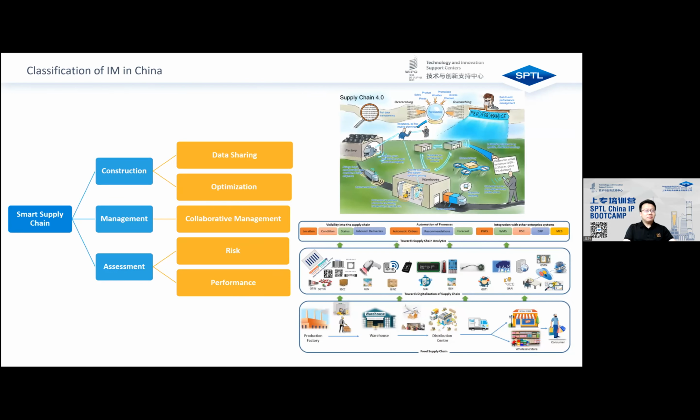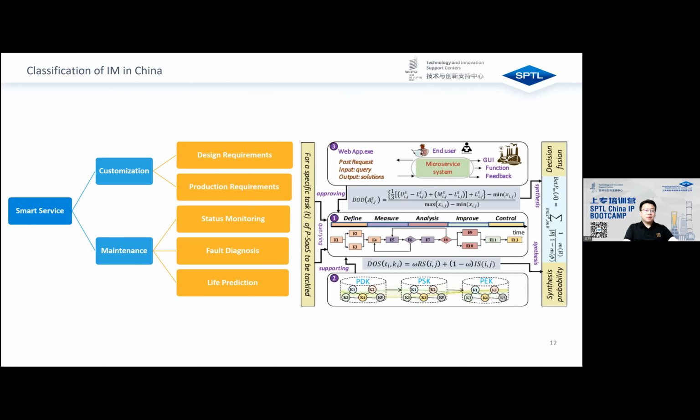For smart supply chain, it could be mainly divided into construction, management, and assessment. And for smart service, it can be categorized into customization and maintenance. All right, with regard to what IM is and its classification, I believe now we are on the same page with CNIPA. Let's move forward to the next part.